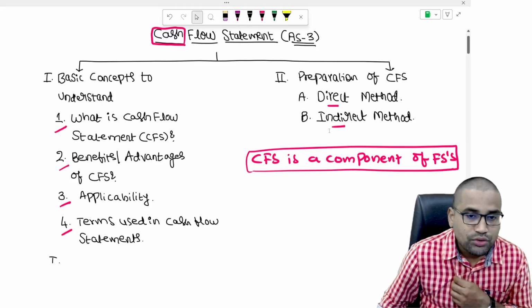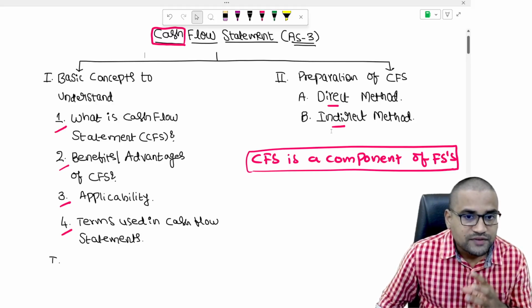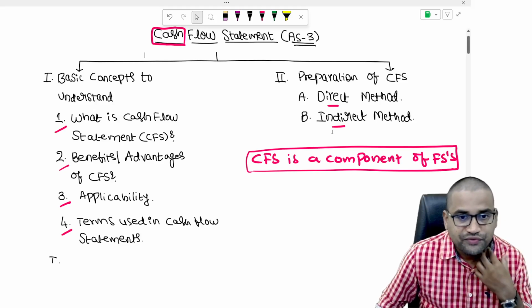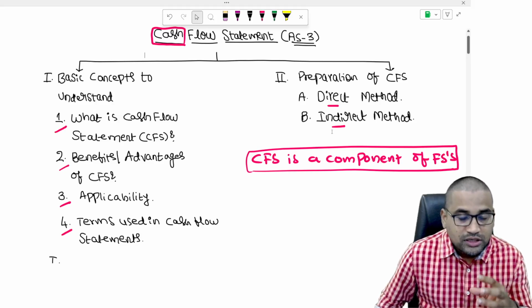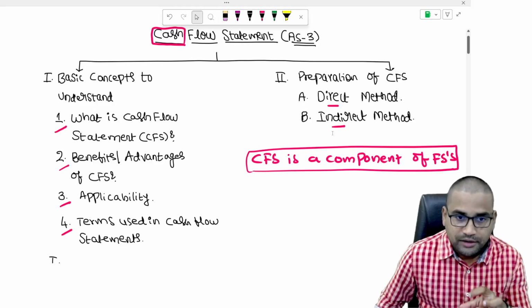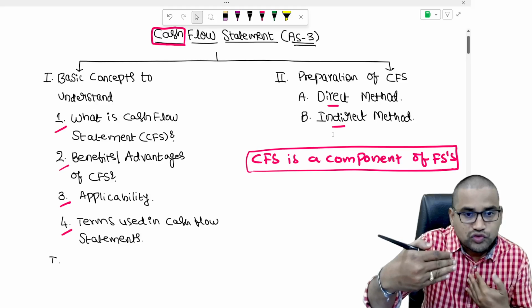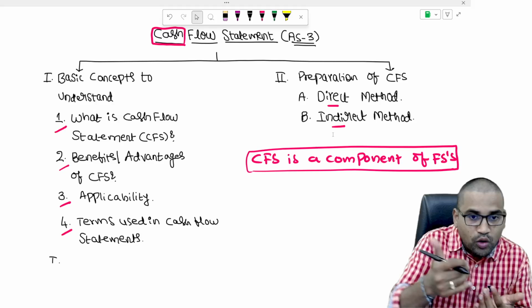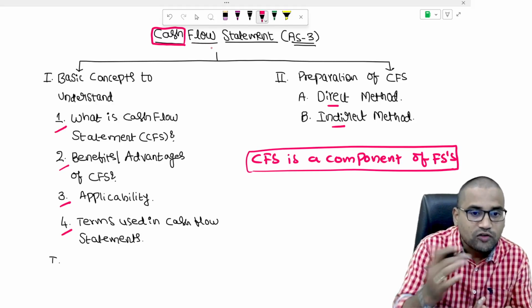Okay, so first of all, what is a cash flow statement? A cash flow statement is a statement showing inflows and outflows of cash and cash equivalents in a particular financial year. Flow means either inflow or outflow.